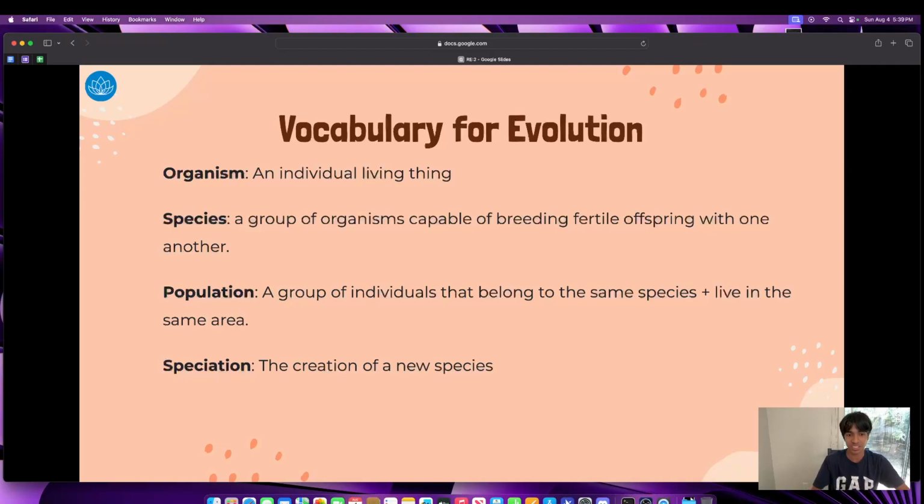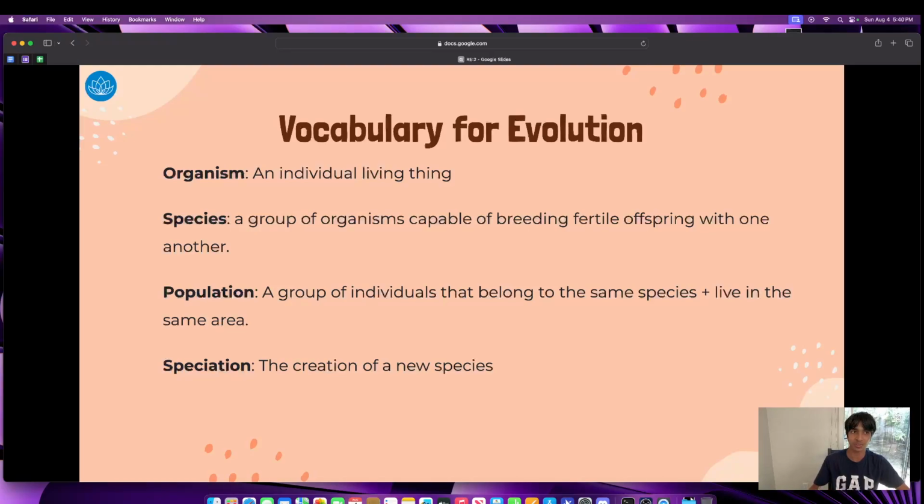And then speciation is the creation of a new species. So when paths diverge, and organisms become so different from each other that the species splits apart, these two species cannot breed with each other and make fertile offspring. I think this has to do with going from wolves to dogs.